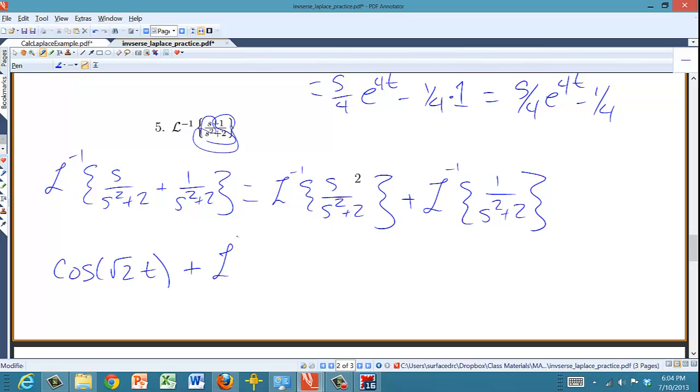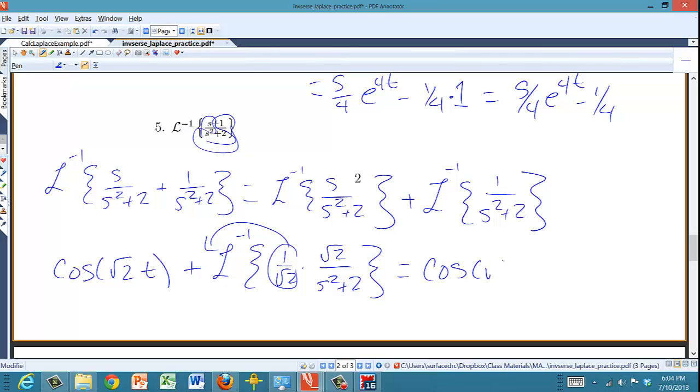Plus, what I'll write is this is the inverse Laplace transform of 1 over root 2 times root 2 over s squared plus 2. Now this constant again comes out of the inverse Laplace transform. I'm left with the inverse Laplace transform of root 2 over s squared plus 2, and that's sine root 2t. So this turns into cosine root 2t plus 1 over root 2 times sine root 2t.